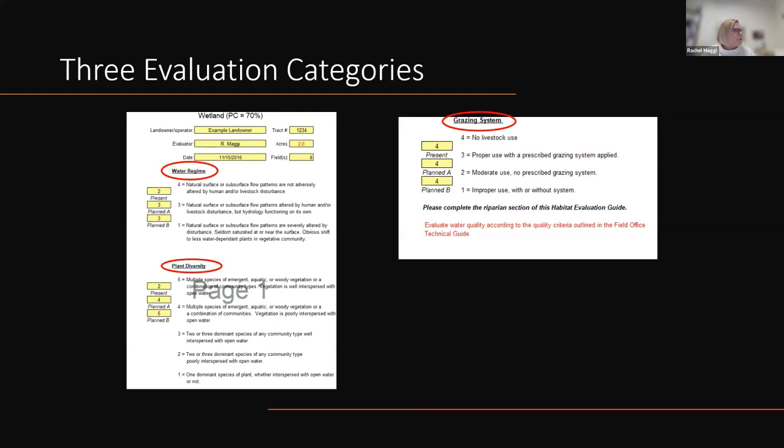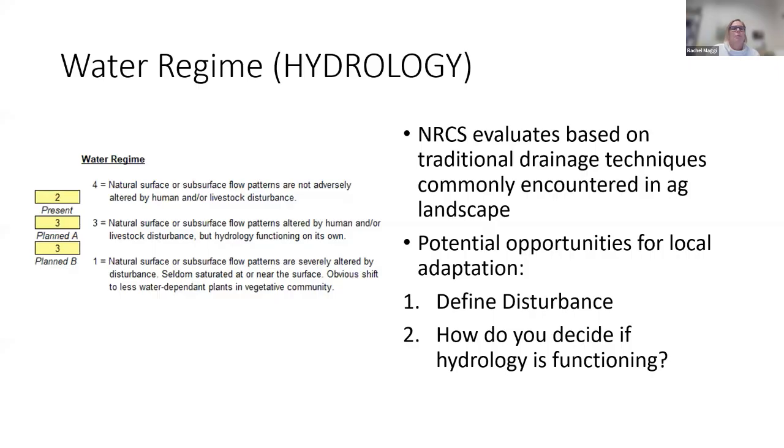So let's get into these 3 evaluation categories a little bit more in depth. So we're going to start with water regime, which in our world as wetland evaluators, we're really talking about hydrology. And in our world, NRCS evaluates changes in hydrology that relate to traditionally, commonly encountered drainage activities in an ag landscape.